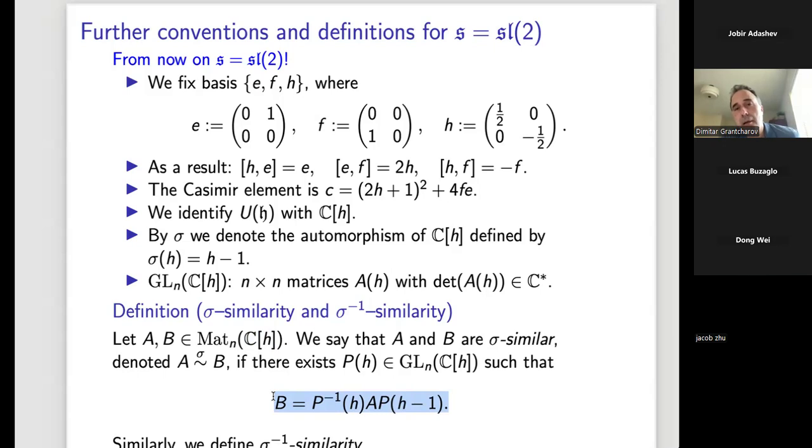So instead of regular similarity, we need to study sigma similarity, and the condition when two matrices are sigma similar is easy to write, but difficult to work with. If I give you two matrices and ask you to check if they are sigma similar, you will have a very hard time obtaining the answer, especially if n is at least 3.